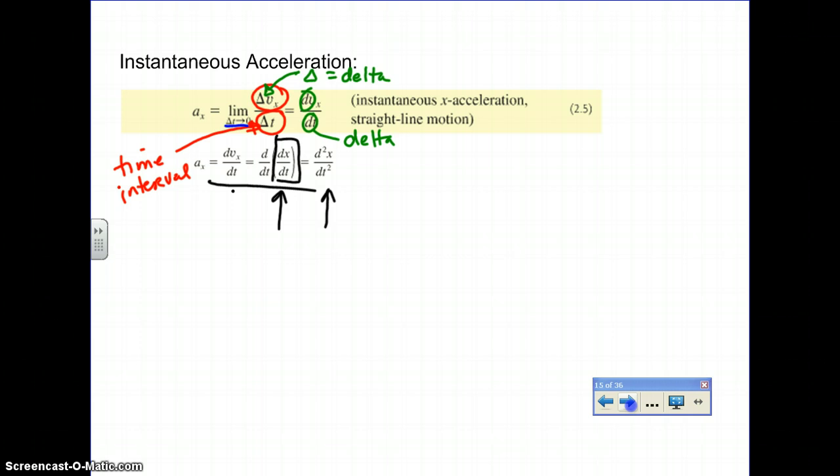So what we're really saying is teeny little changes in teeny little changes in position over time. And we call this a second derivative. Here you can see the notation. The second derivative of position and time is acceleration. So here we can see acceleration is the first derivative of velocity, and it's the second derivative of position.